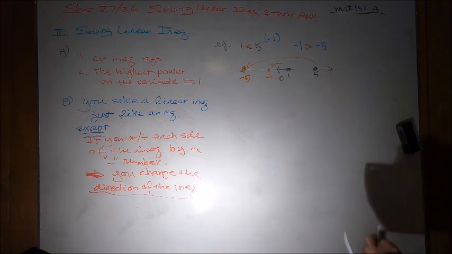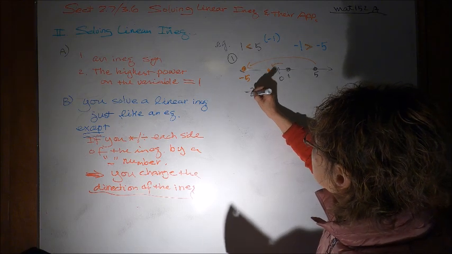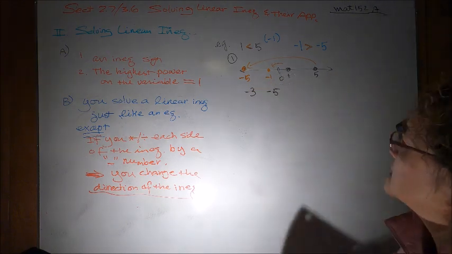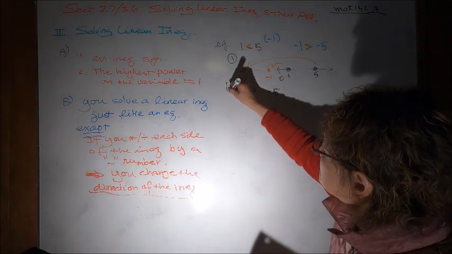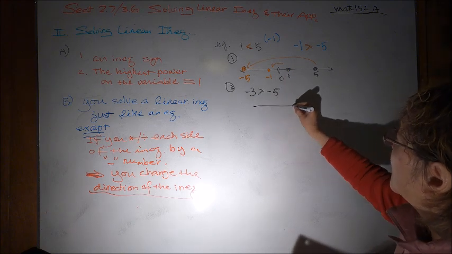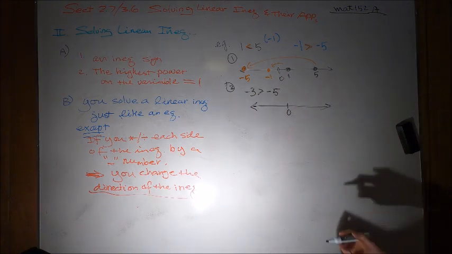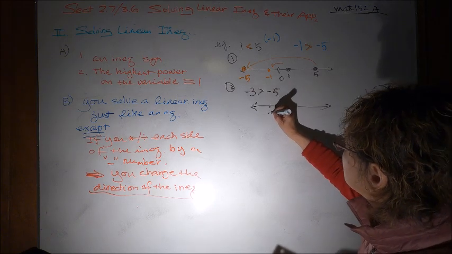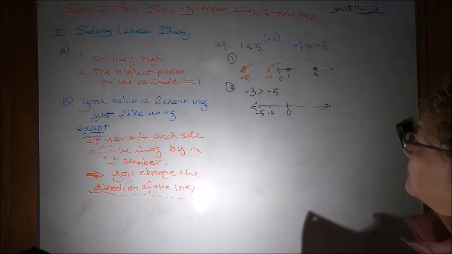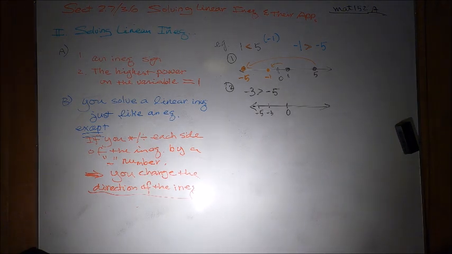And if I have, say, -3 and -5. Which one is bigger? Which one is smaller? This one is bigger, right? And if you look at the graph, what happened? That's my -3. That's my -5. -3 is bigger than -5.